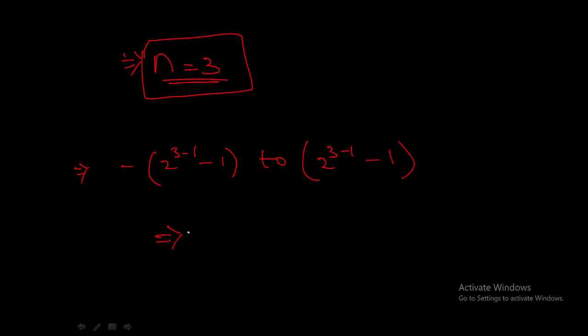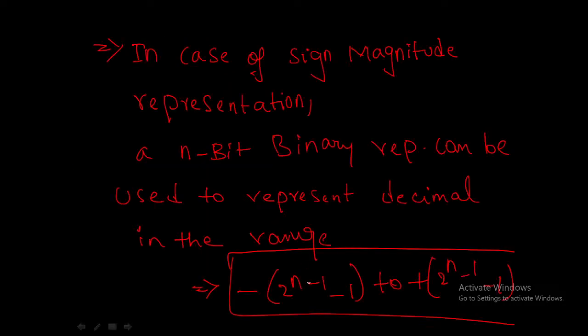Here 2 power 3 minus 1 is 2 power 2, which is 4, and 4 minus 1 is 3.